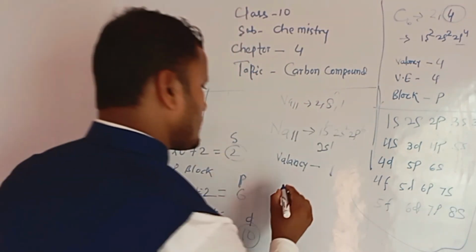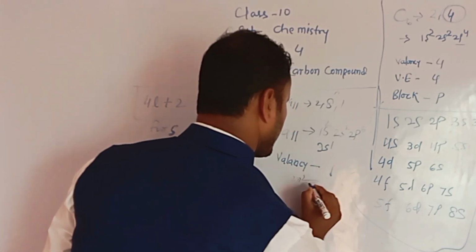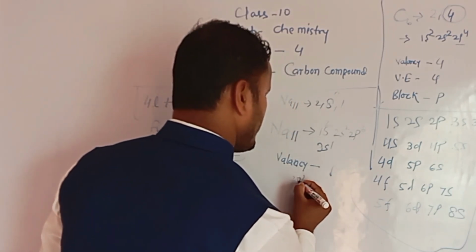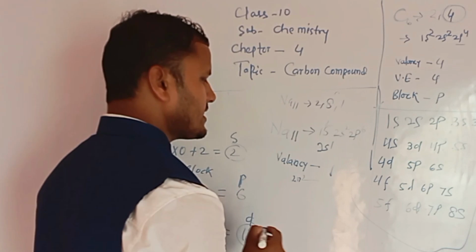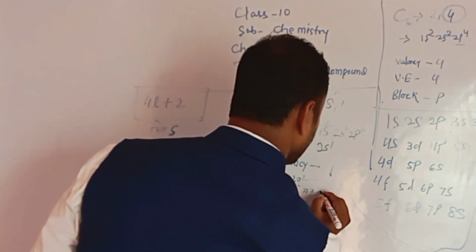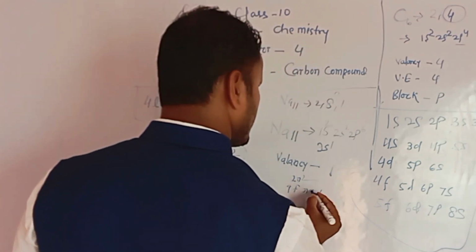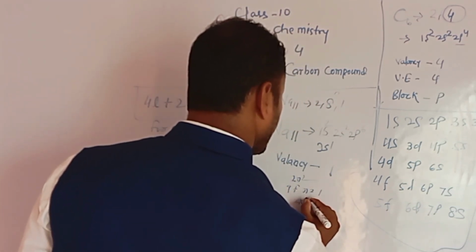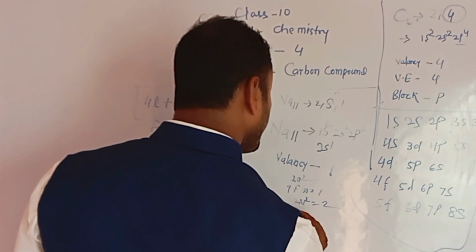For this, the formula is 2n square, for orbit-wise. If n equal to 1, then this becomes 2 into 1 square equal to 2.